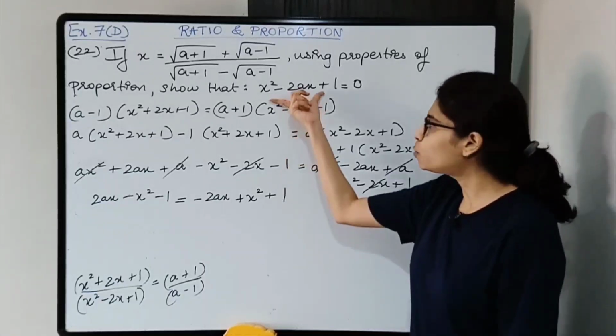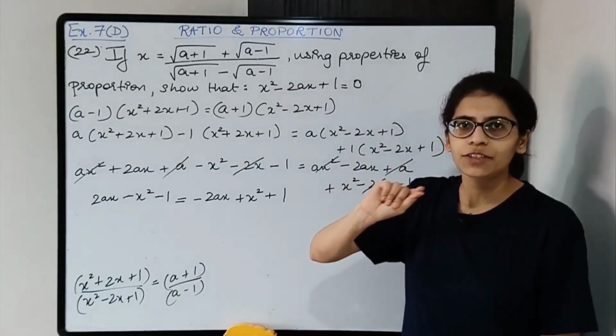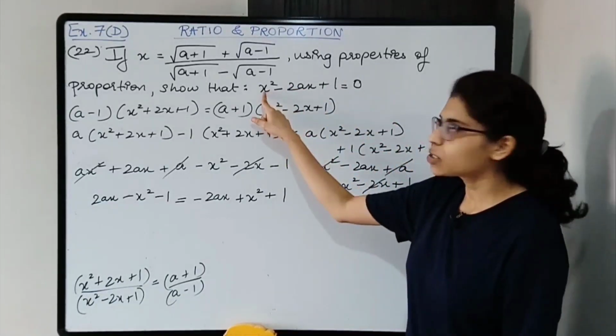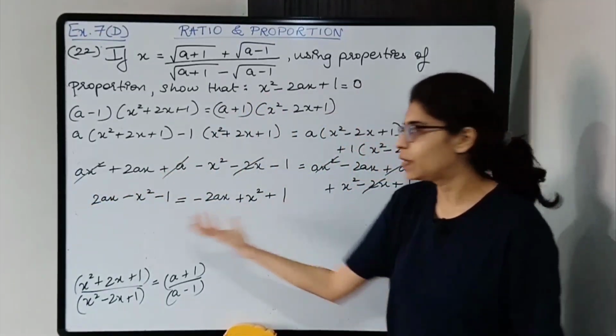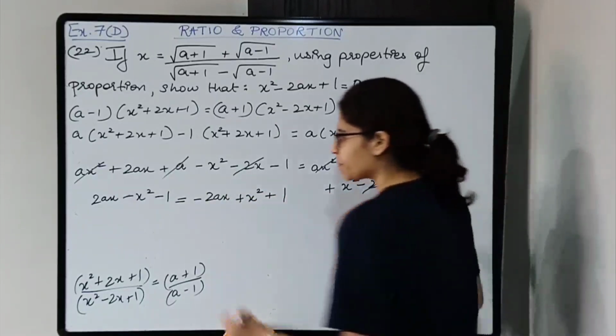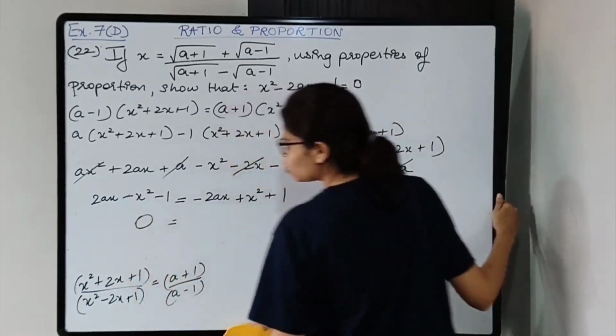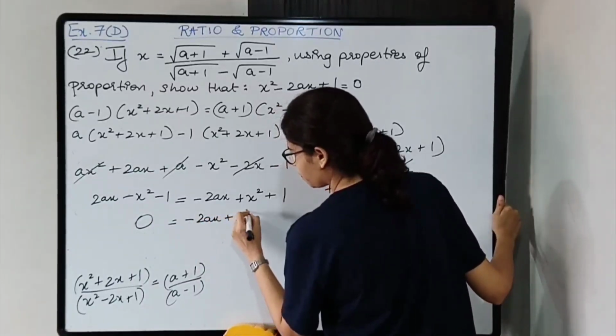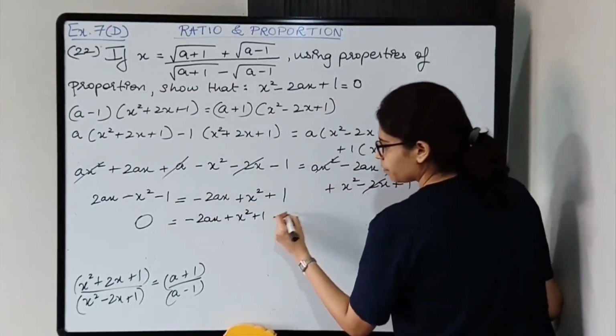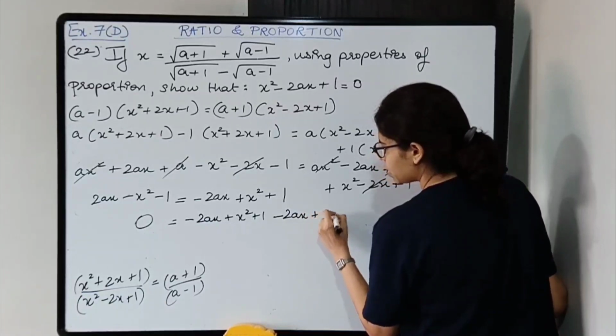Okay, observe the to prove part. What are the positive terms? Any one you consider. So x square is positive, so let's shift the negative one over here. So nothing will remain here, 0. These terms will remain as it is. Shifting these, minus 2ax plus x square plus 1.